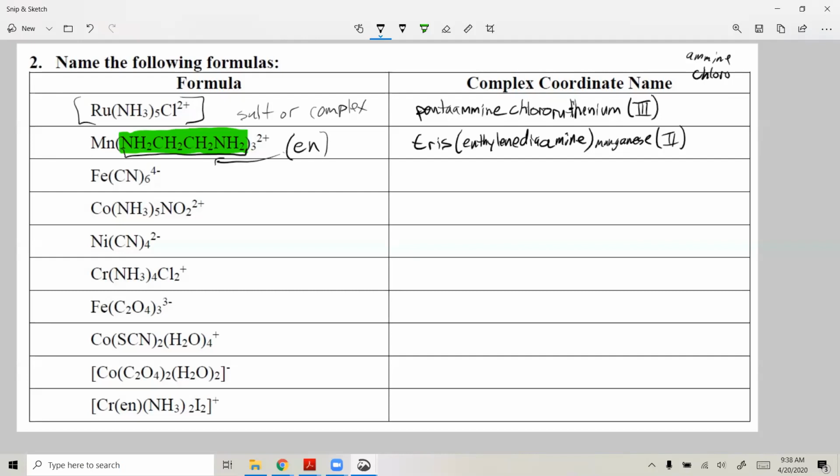We can do our next one as well. There's going to be something different about this. This has a negative charge as opposed to a positive one. And so while we start off the same, we start off with hexacyano. What do we need to do for that iron?